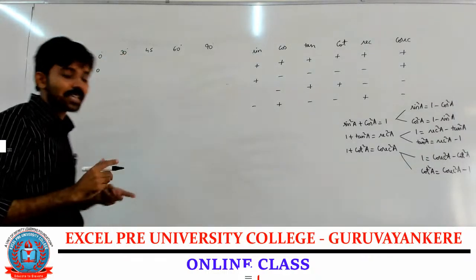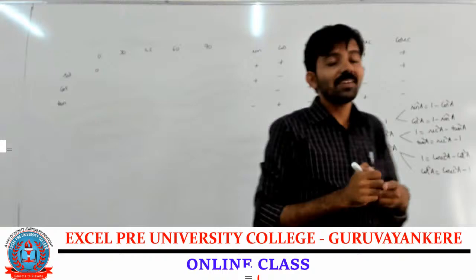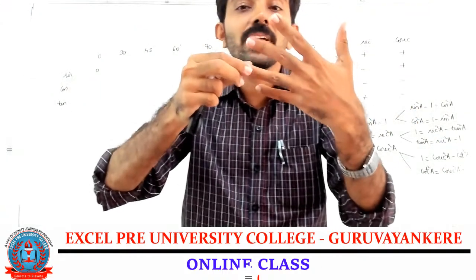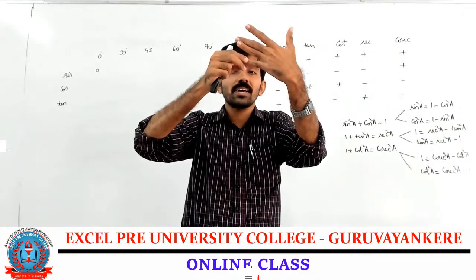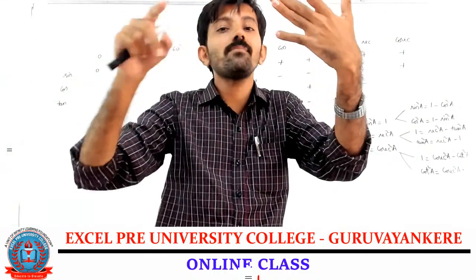Sine 30. How much is sine 30? The ring finger corresponds to an angle of 30 degree. The number of fingers below this is 1. Correct? Sine 30 is root 1 by 2.